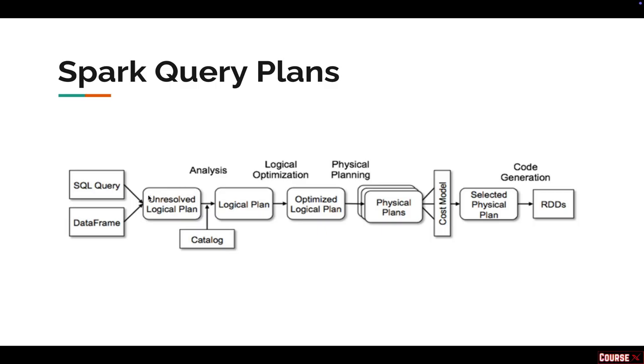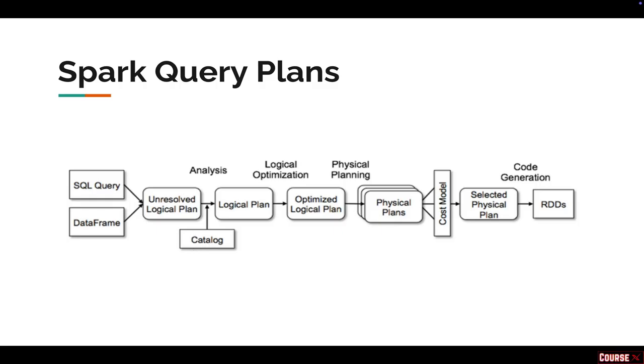After this unresolved logical plan is created, there is something called the catalog, which Spark maintains. It is like a metadata store where Spark maintains what are the different tables or different data frames there are, what are the different columns, and what are the data types of the columns. All these are maintained in the catalog. Once the unresolved logical plan is created, Spark will take into account this catalog, and it will check whether the columns or data types that you have mentioned in the code are according to the catalog or not.